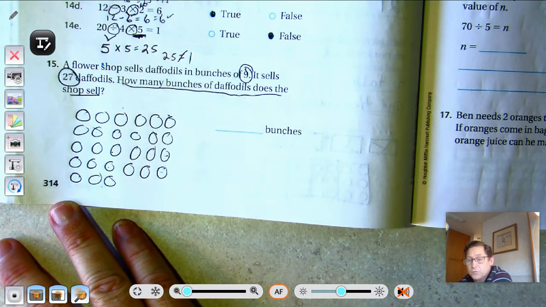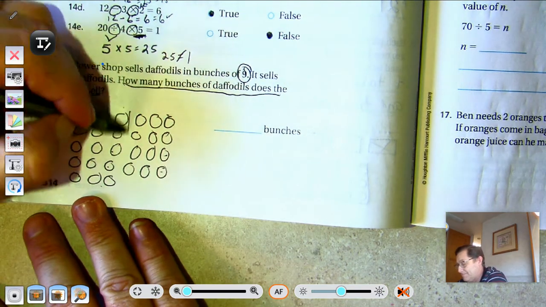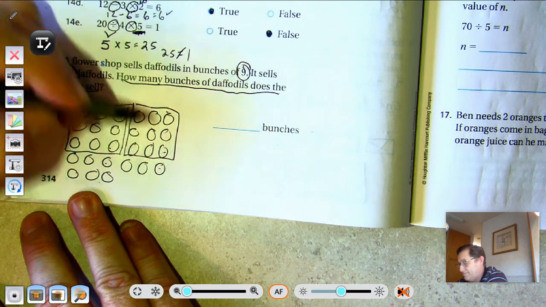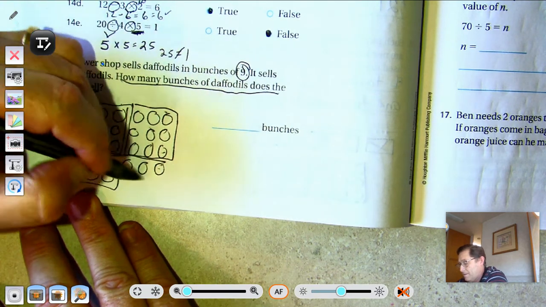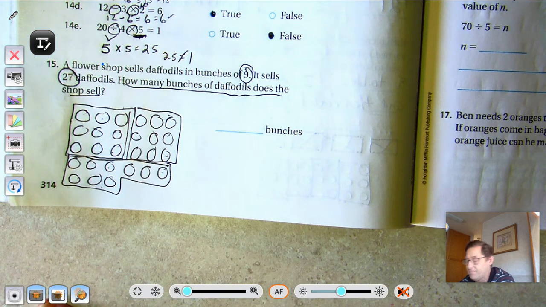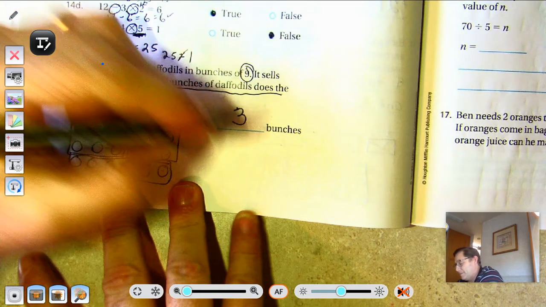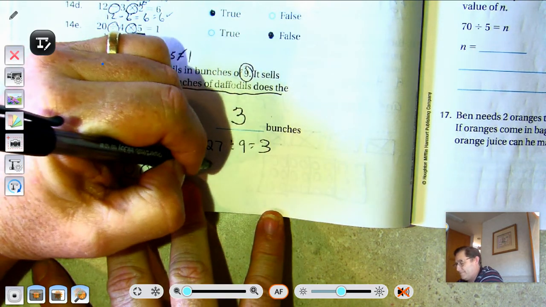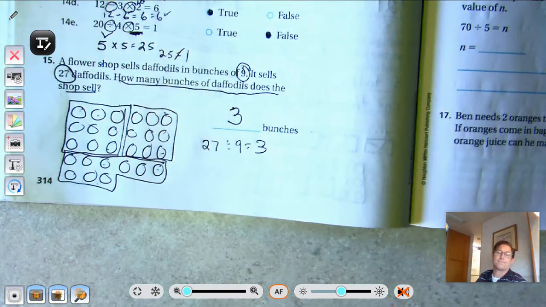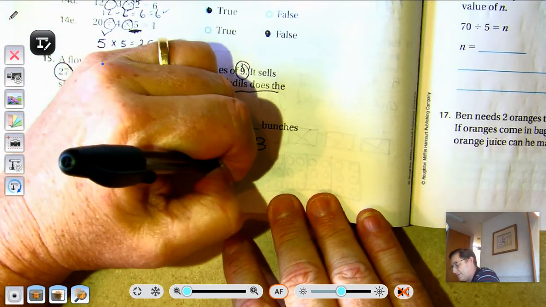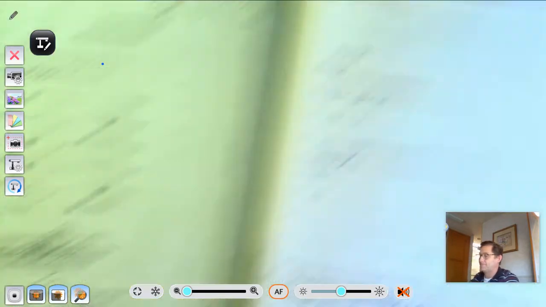So I need to circle groups of 9. 3, 6, 9. 3, 6, 9. 3, 6, 9. So how many bunches of 9? I have 3. So 27 divided by 9 equals 3. 9 times 3 is 27.